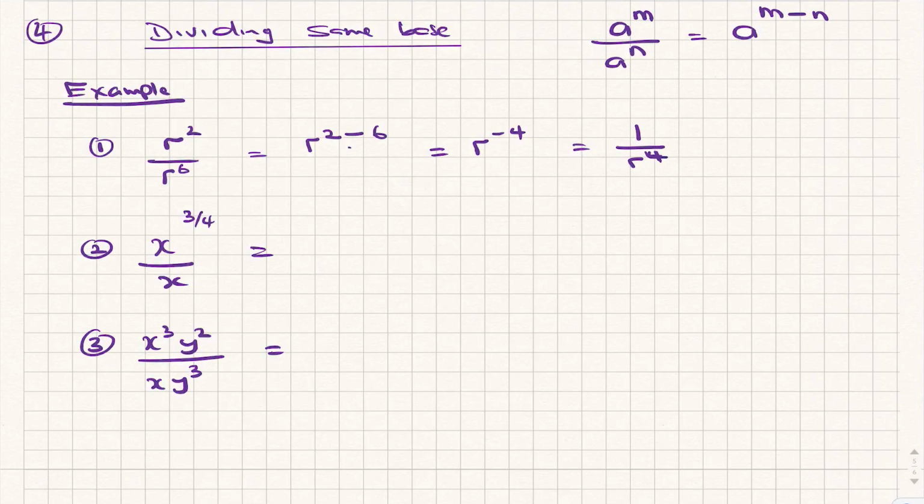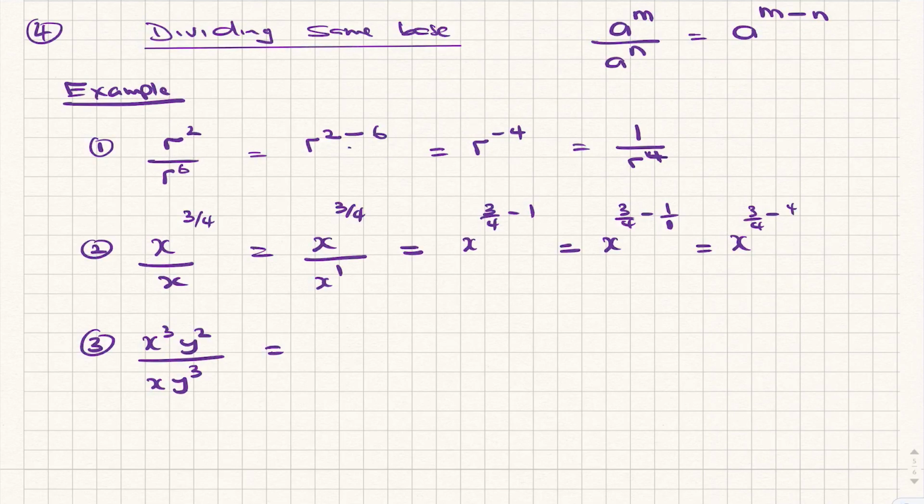Question number 2, x to the 3/4 divided by x. So that is x to the power 3 over 4 divided by x to the power of 1, which is x to 3 over 4 minus 1. So in this case, I want to keep the fraction with the same denominator. So that will be x to the power 3 over 4 minus 1 over 1, which is x to the power 3 over 4 minus 4 over 4.